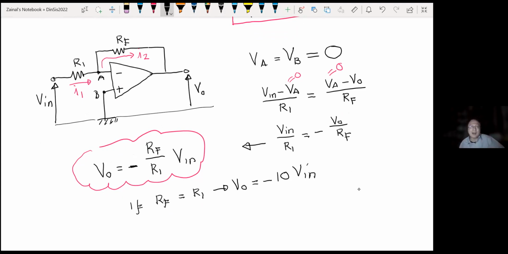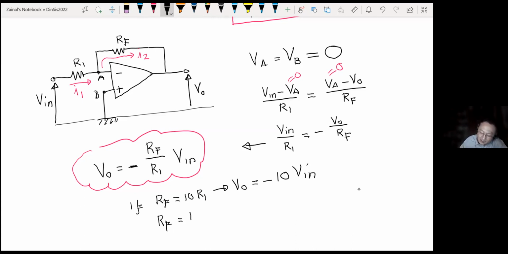As a multiplier, if you choose Rf equal to 10 times R1, then it becomes minus 10 multiplied by Vn.